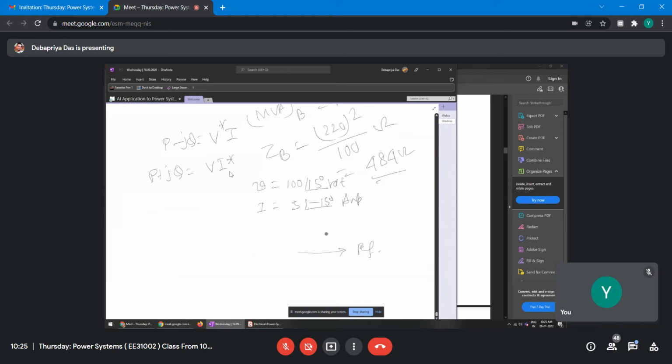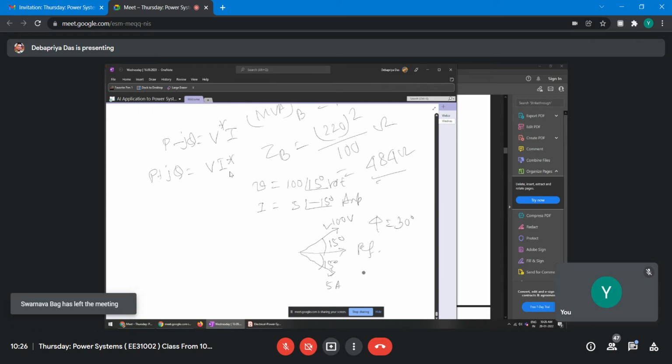The voltage is 100 volt at plus 15 degree with respect to the reference. Similarly, the current is 5 ampere at minus 15 degree. Therefore, the angle between the voltage and current, phi, will be 30 degree, right?